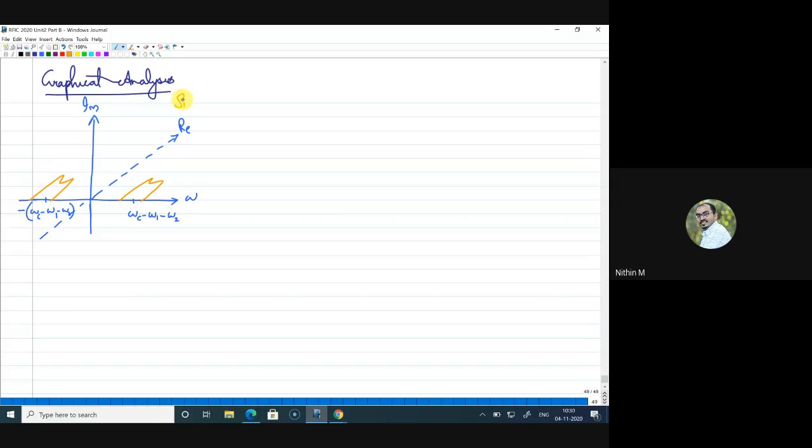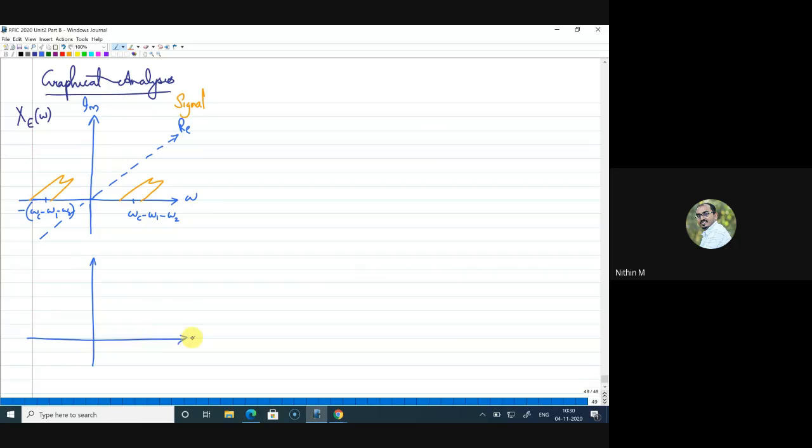This is X_E of omega. We can actually do graphical analysis by plotting it for all the points, but that doesn't matter here. This is X_E.